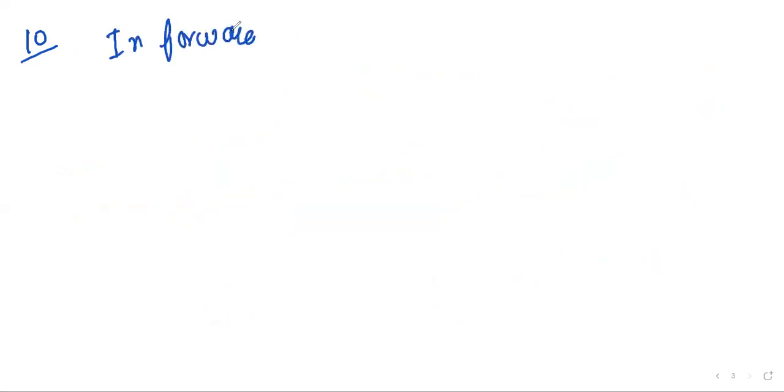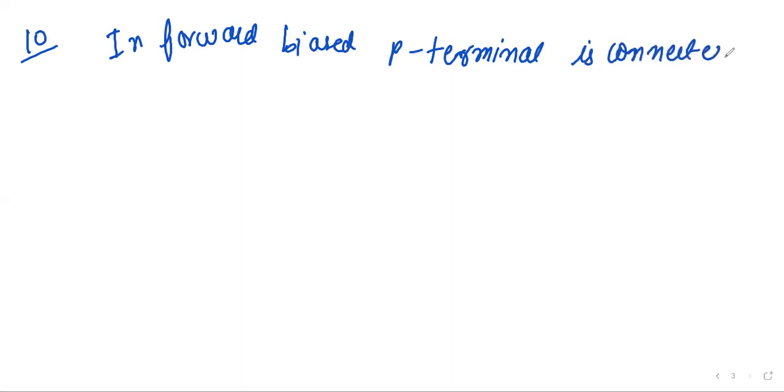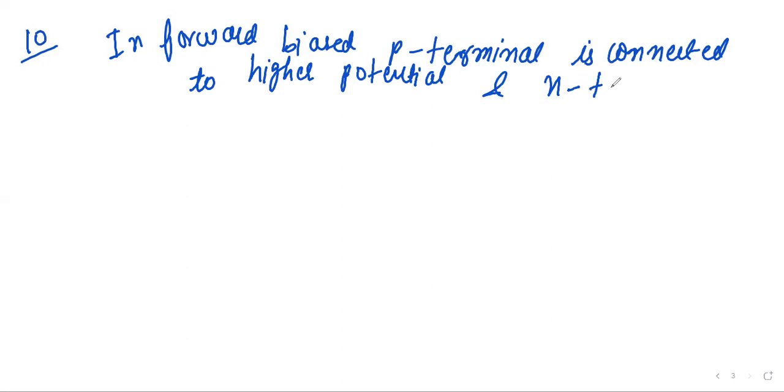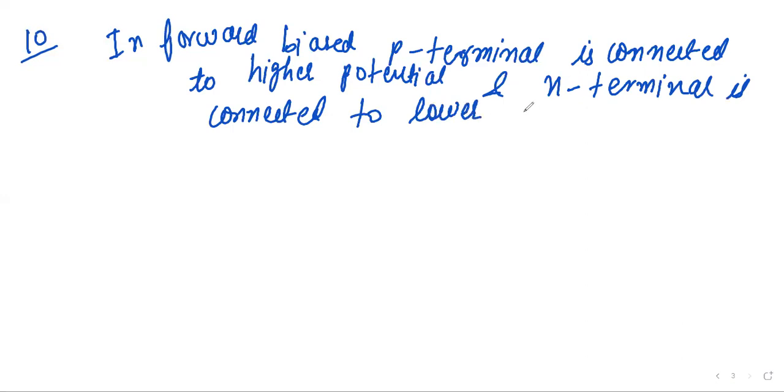In forward bias, the P terminal is connected to higher potential, right? And the N terminal is connected to lower potential.